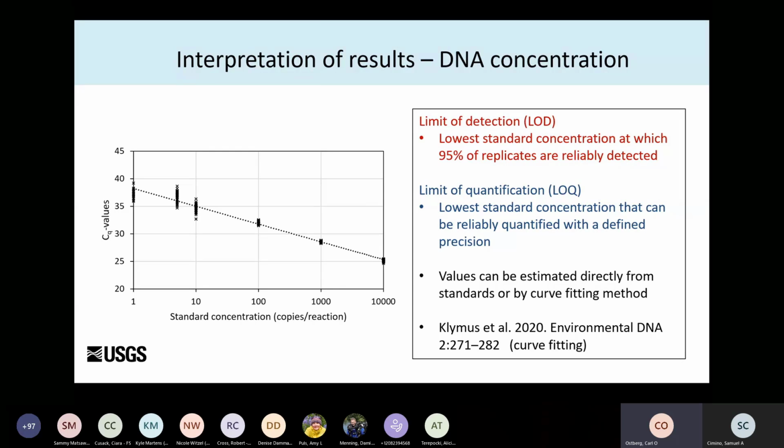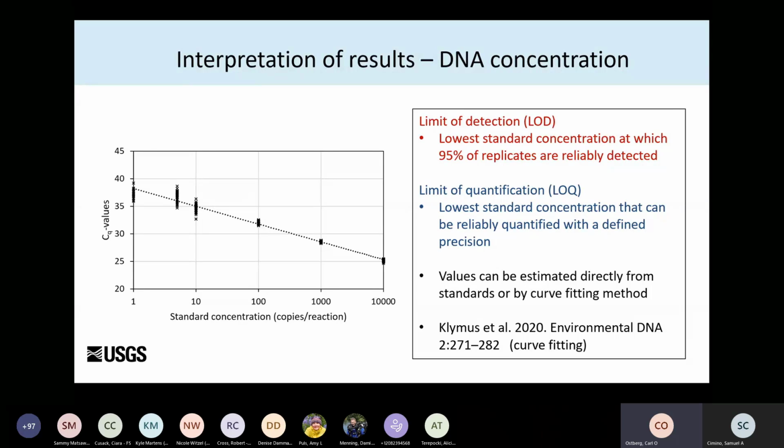The LOD and the LOQ can be estimated directly from these standard concentrations, or we could estimate them using a curve fitting method, which isn't limited to only the standards. There's a great paper by Klymus et al. that provides a really nice curve fitting method.